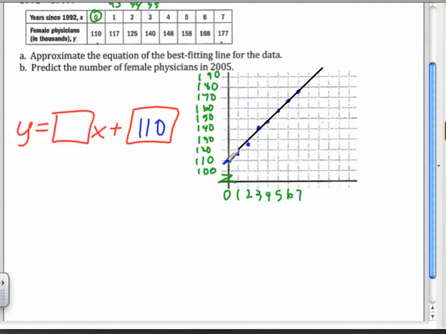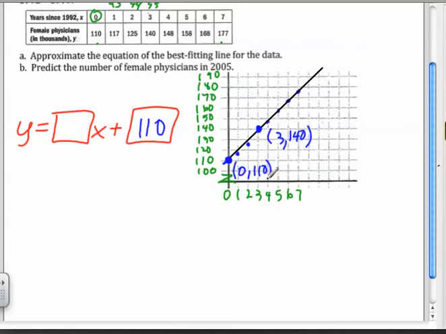It looks like it goes right through this point, and that's going to be 3 and 140. And then it also goes through this point, and that's going to be 0, 110.